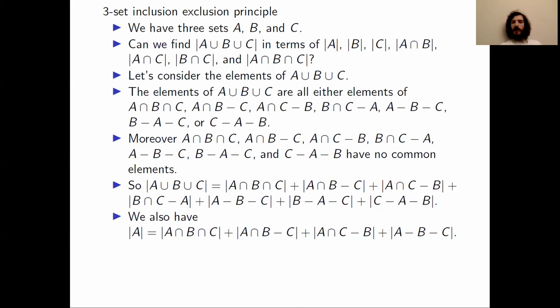So we can say that the cardinality of A is just the cardinality of A intersect B intersect C plus the cardinality of A intersect B minus C plus the cardinality of A intersect C minus B plus the cardinality of A minus B minus C.